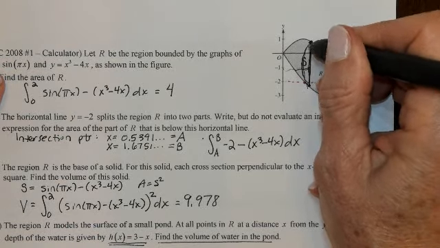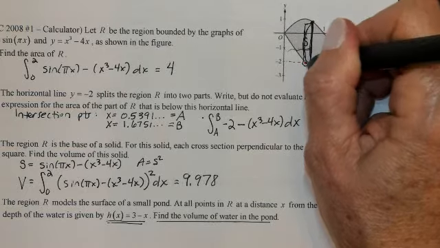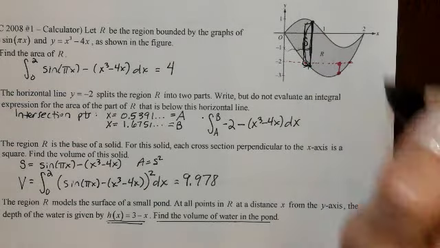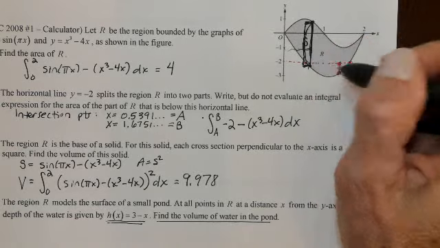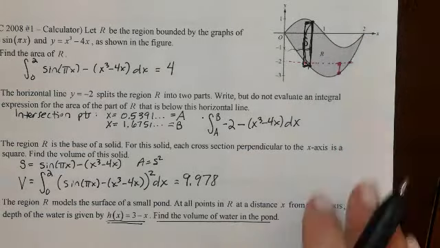And since they say the depth is like that, it's like a rectangle where the depth is just 3 minus x the whole way down. It doesn't curve like I had it down there. It goes all the way down straight. It's a weird pond. Okay.